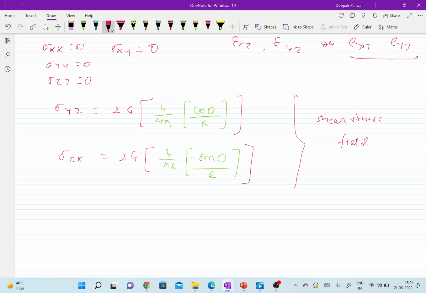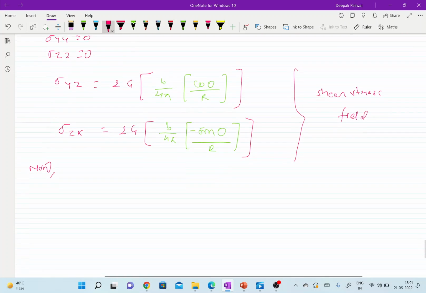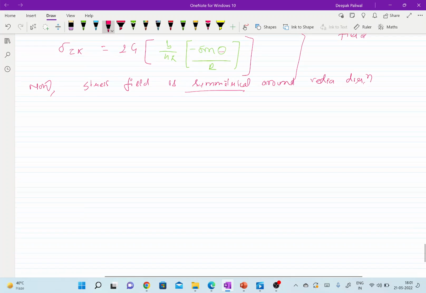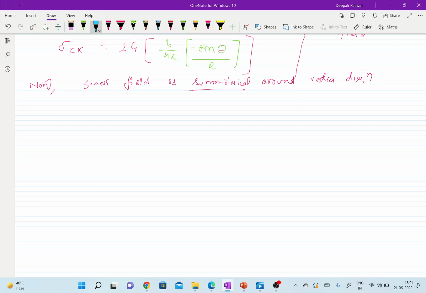Now, in the previous lecture I said that the stress field or strain field is symmetrical around the radial direction. How can we understand this? Before understanding this, let me draw cylindrical coordinates.